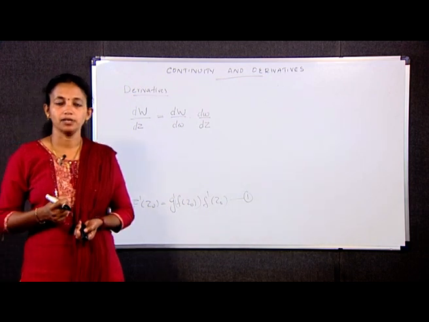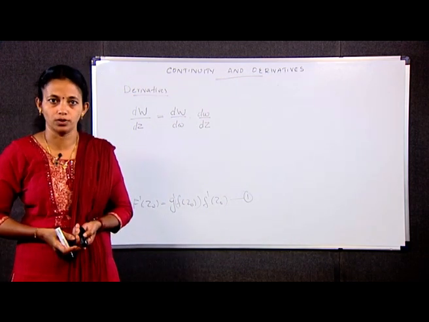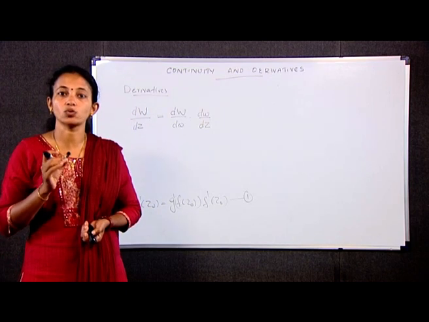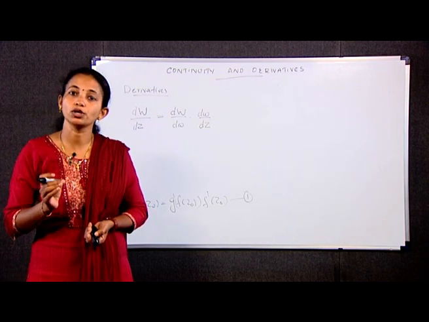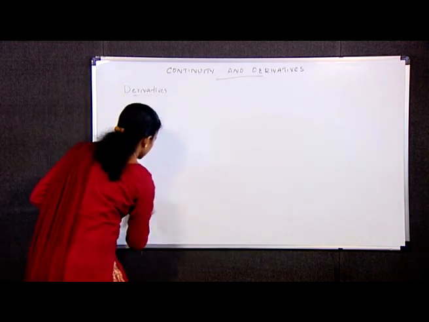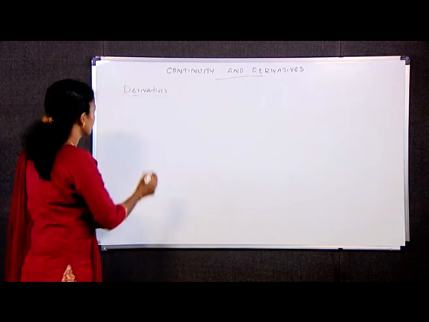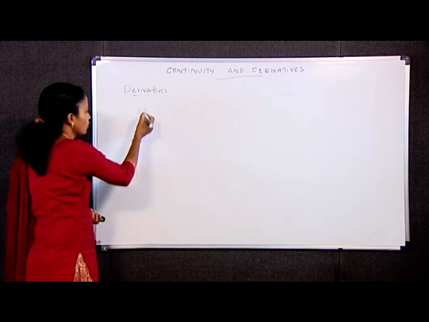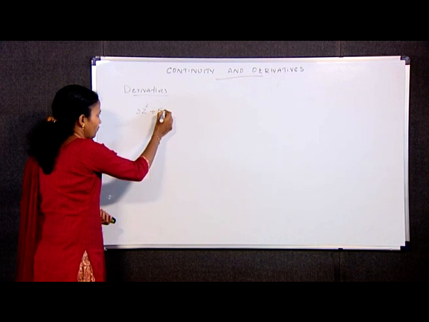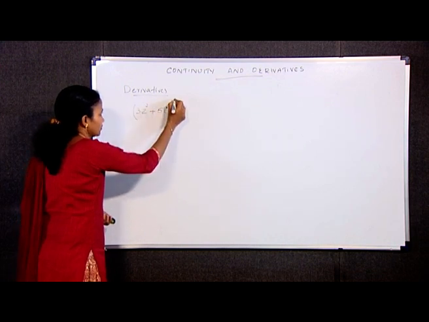Next we have an example. As an illustration of the chain rule, we have to find the derivative of (3z square plus 5i) whole cube.